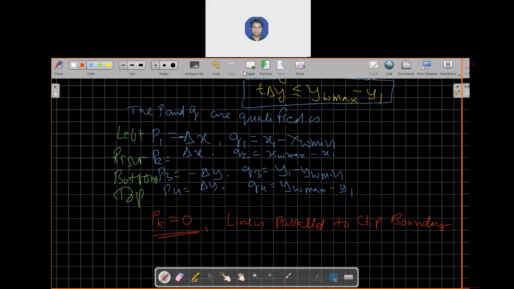So if the pk value is 0, it is parallel to one of the boundaries.